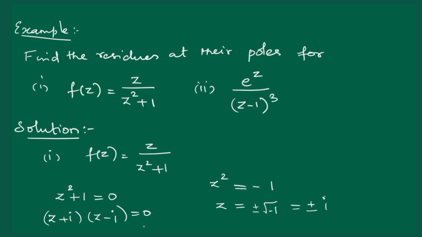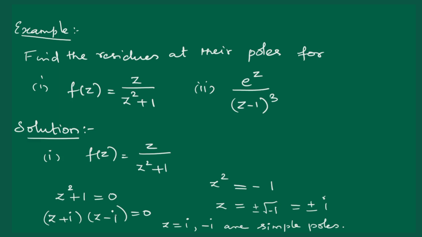Writing it in factorized form, z square plus 1 equal to 0 becomes z plus i into z minus i equal to 0. Finally we can conclude that z equal to i and minus i are the singular points, or poles, or simple poles. Why do we call them simple poles?